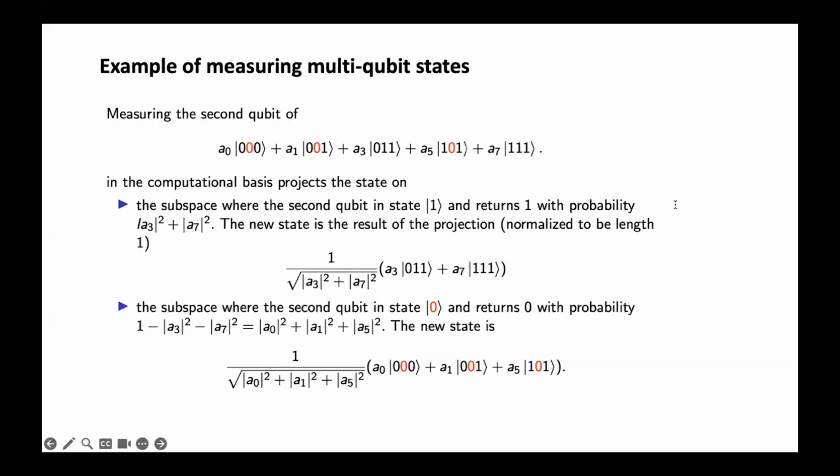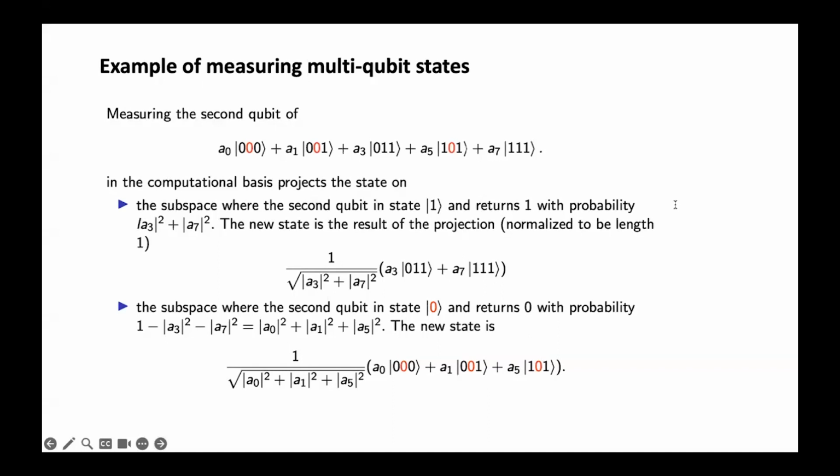So we have to include these two states: A3 |011> plus A7 |111>. But now we have to normalize it. So we have to multiply by 1 divided by the square root of A3 squared plus A7 squared.